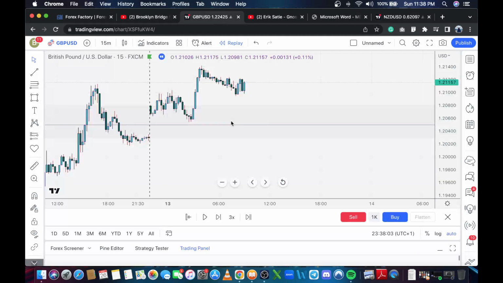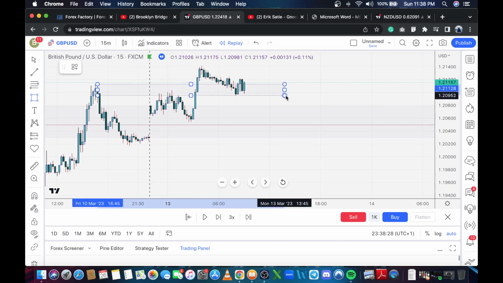So what I have here is an example of cable from the 13th of March, which I think is two weeks ago. What you can see here is what retail considers classic support, resistance turn support. You have resistance turn support here. You also have resistance turn support here. So retail will look at this entire range as classic support.